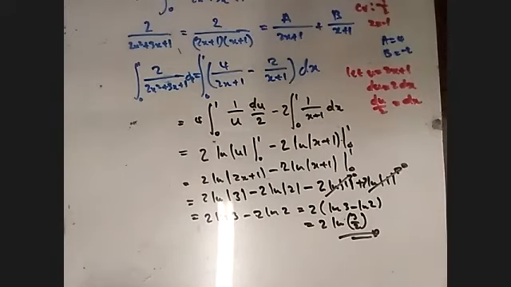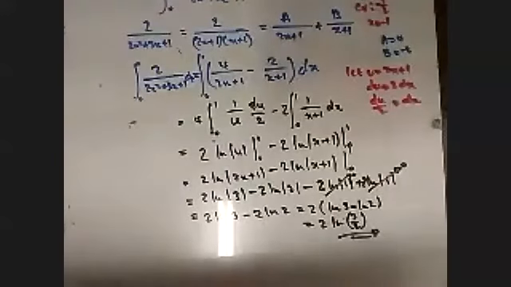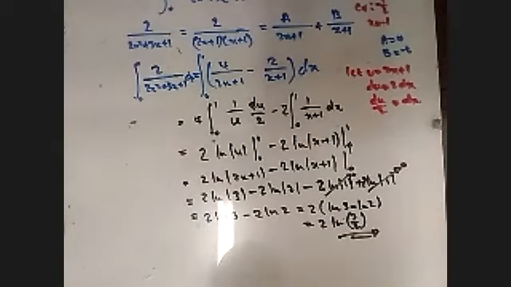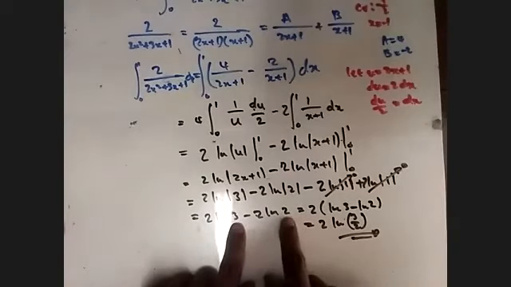Okay. So say those 3 and 2, where do they come from? This one's inside the absolute value.